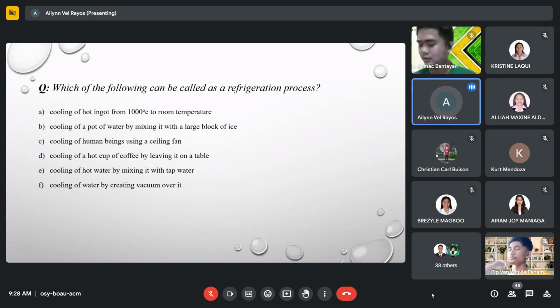Okay. So, we have to take note of each word, each item. And then, dapat alam din natin ano yung mga nangyayari sa mga items natin. So, meron tayong word na vacuum.